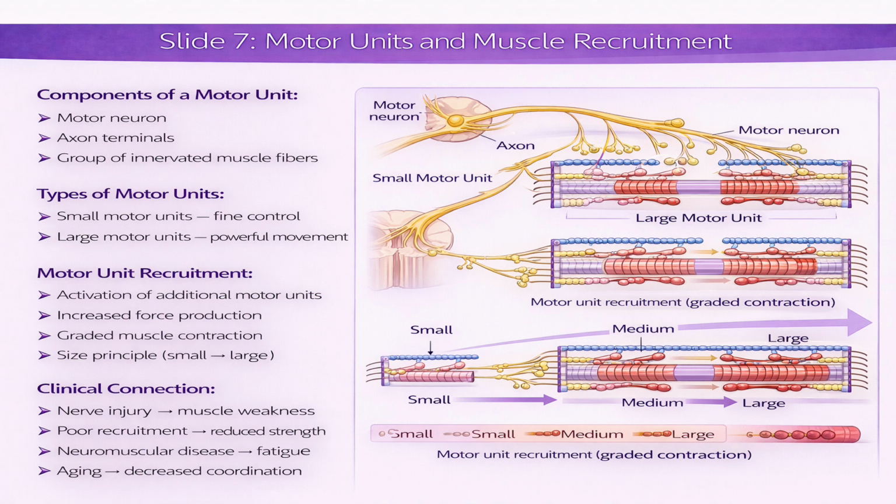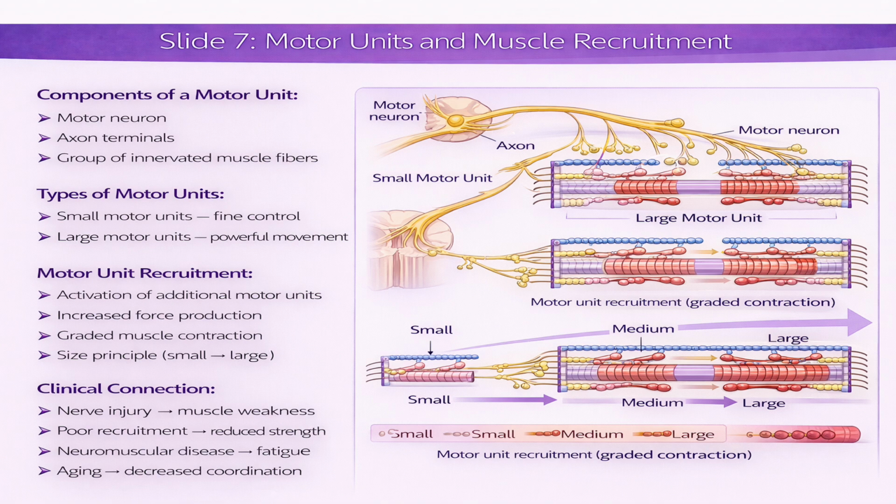Muscle force is regulated through a process called motor unit recruitment, which involves activating additional motor units as greater strength is required. This process follows the size principle, in which smaller motor units are activated first, followed by progressively larger units as demand increases.